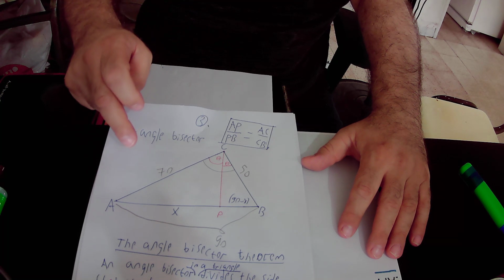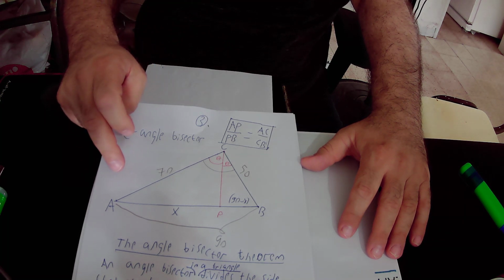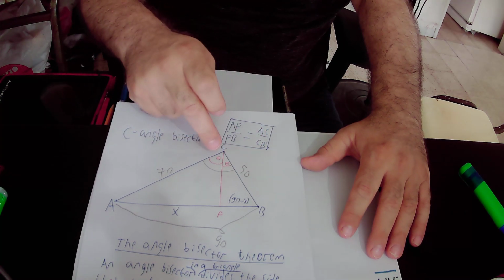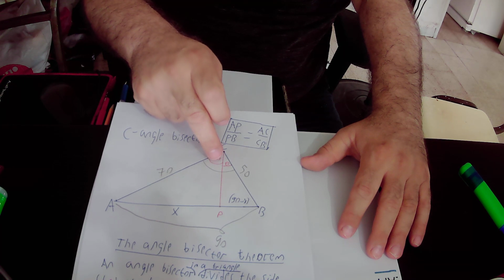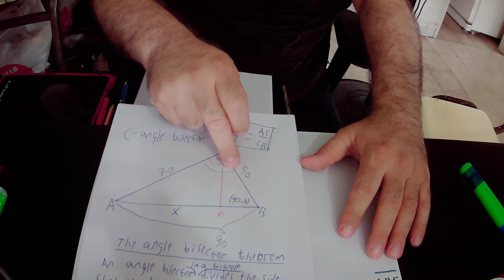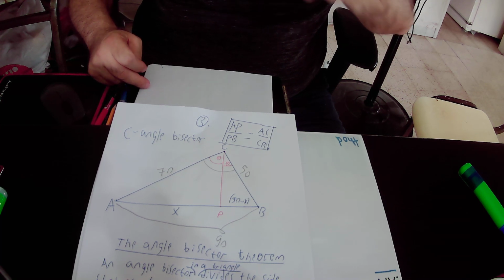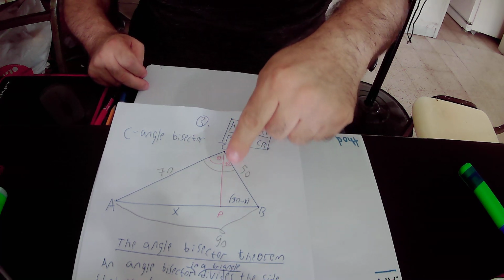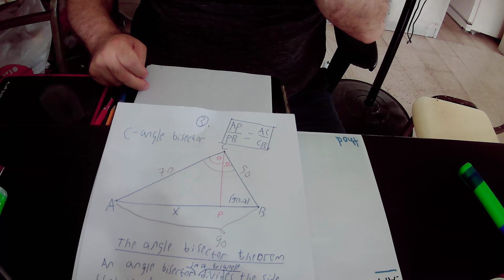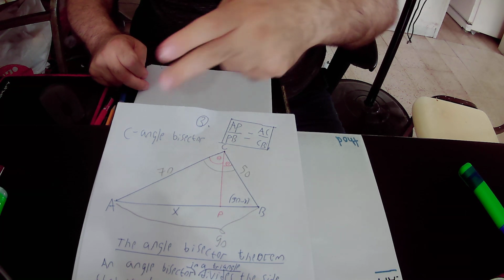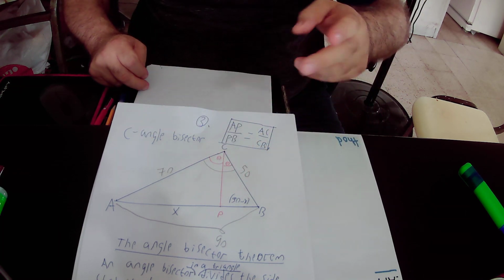CP divides angle ACB into two halves. This is the first half and this is the second half, and for that reason we can call line CP an angle bisector, because it divides angle ACB in triangle ABC into two halves.